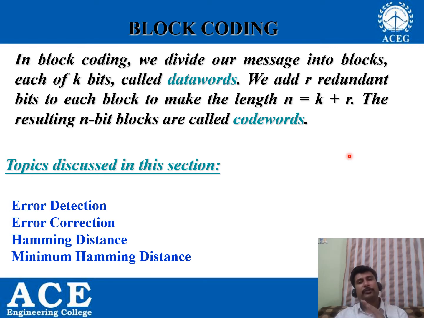So I divide it into 10 parts, each part consisting of 5 bits. Each individual part is referred to as a block. So the total message is divided into smaller units called blocks.